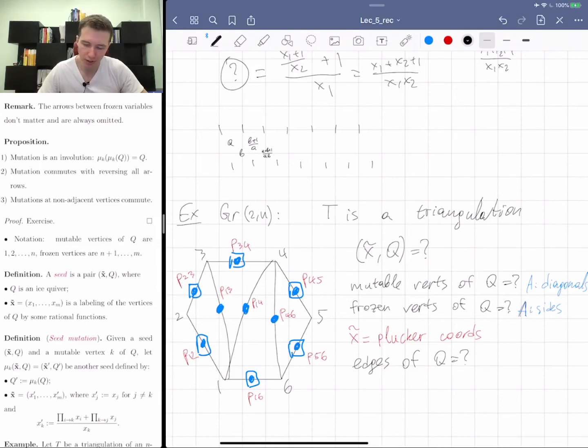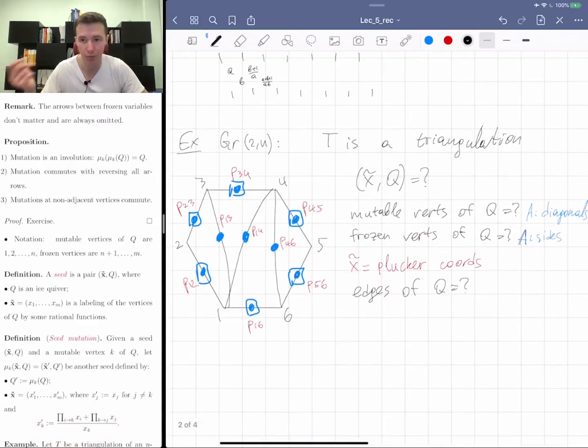The answer is that these edges have to be such that the mutation rule, which is for any quiver, is supposed to correspond to the Ptolemy theorem. Mutation is supposed to give you the three-term Plücker relation.